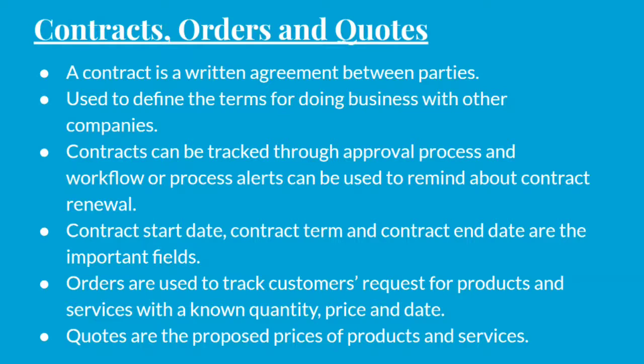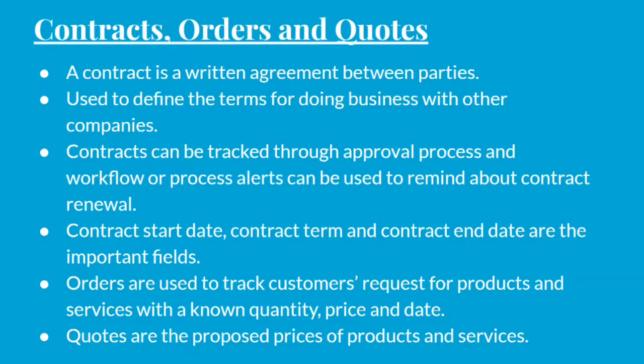And when a contract is going to expire, you should get a renewal notification or alert. That can be done using workflow or process alerts. So you can create approval processes or workflows on the Contracts object to track the contracts or to alert you about the renewal of the contract.